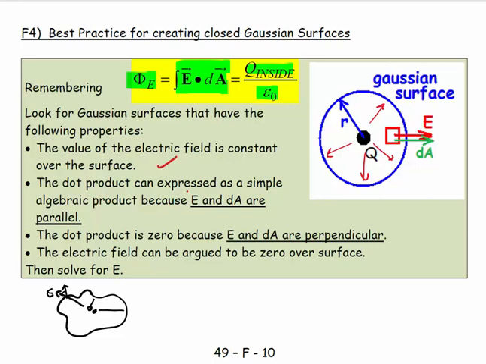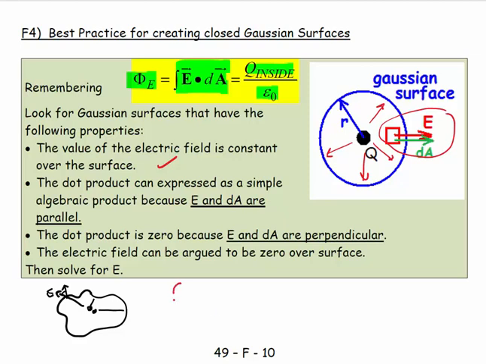That's a good aspect. The second thing we might look for is if the dot product can be expressed as a simple algebraic product, because the electric field and the area vector are parallel. For instance, in this example, because I'm using a symmetrical spherical surface, at all points the electric field is radial as it cuts through the Gaussian surface, and the area vector is radial. So these two vectors are parallel, and the angle between them is 0.